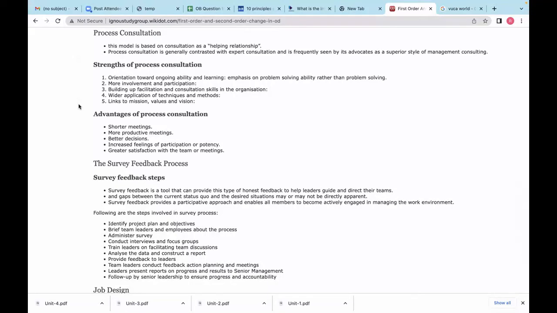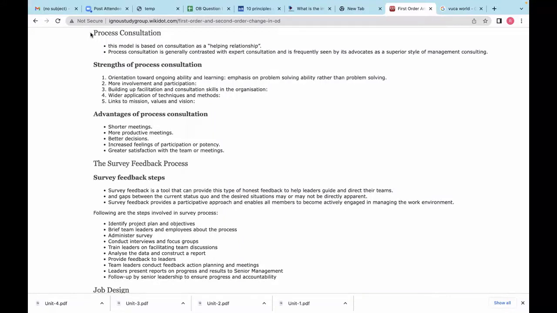Process consultation. It is like doing consultation where you are trying to help an organization improve their particular processes. It is contrasted with expert consultation and frequently seen by its advocates as a superior style of management consulting.